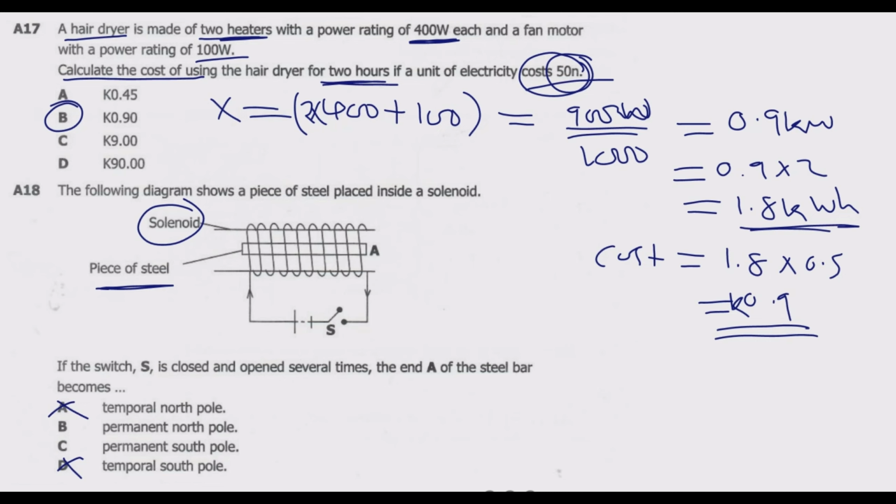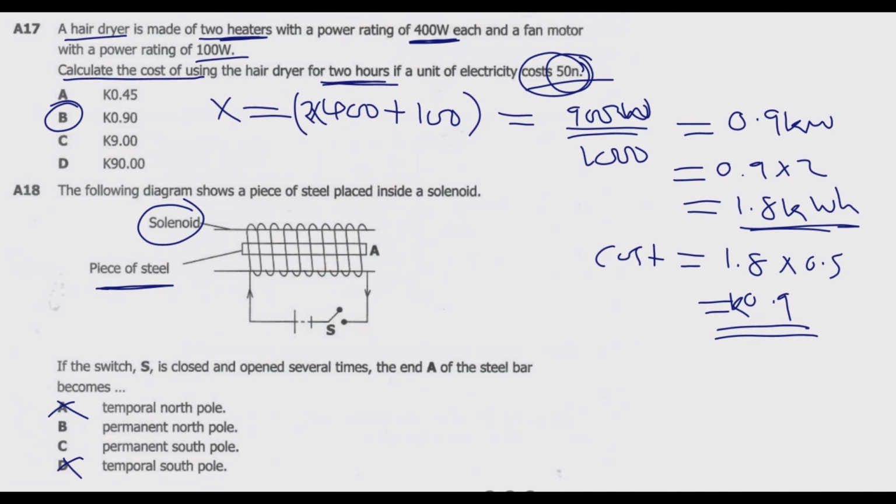So we need to determine whether A is north or south. To determine that, we need to use the right hand grip rule. We bring our right hand and hold it like a grip, where our fingers point in the direction of the movement of current.